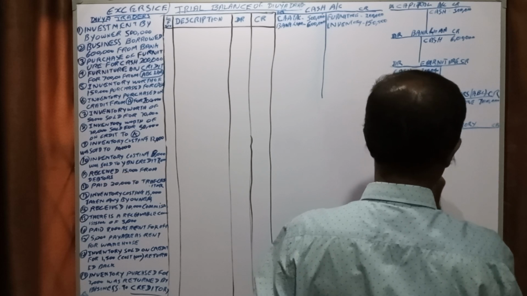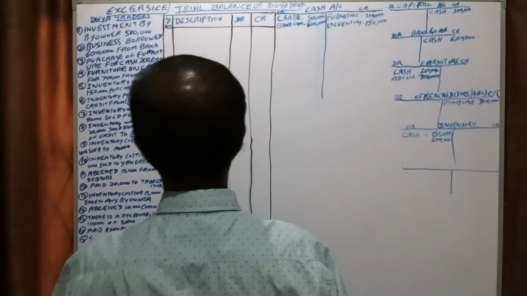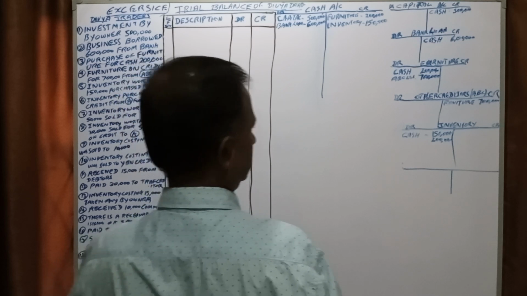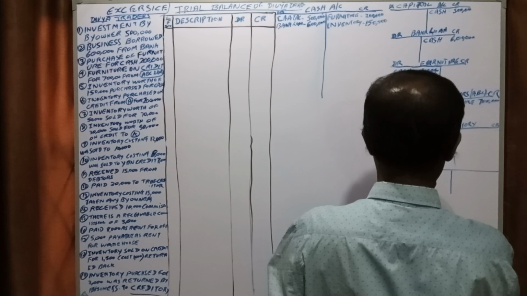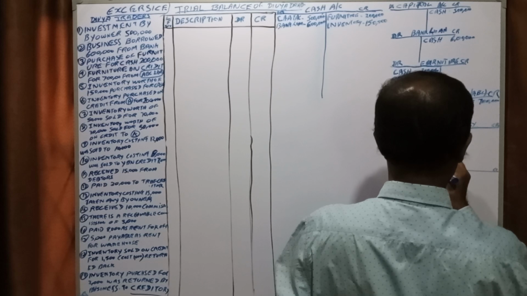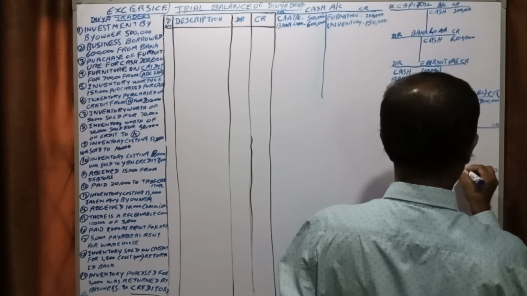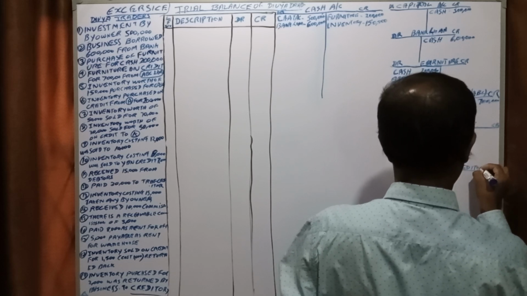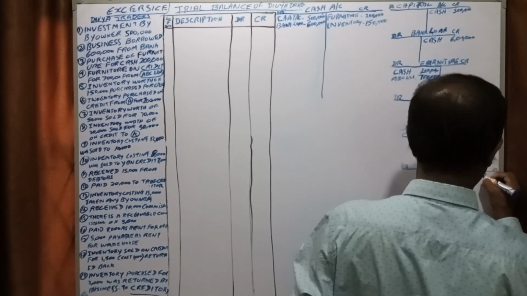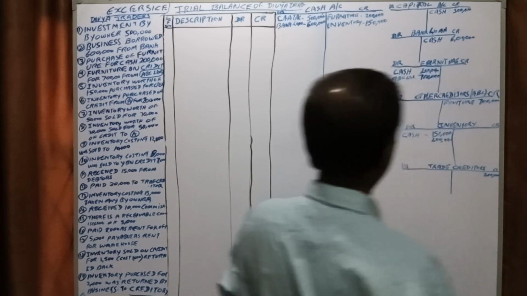trade creditors account. Okay, this is DR, this is here trade creditors. Okay, trade creditors is creditor. Why?